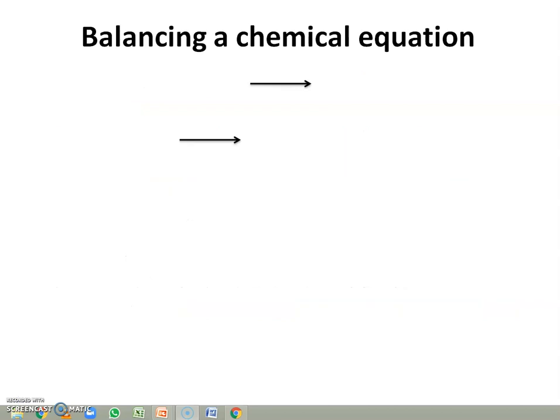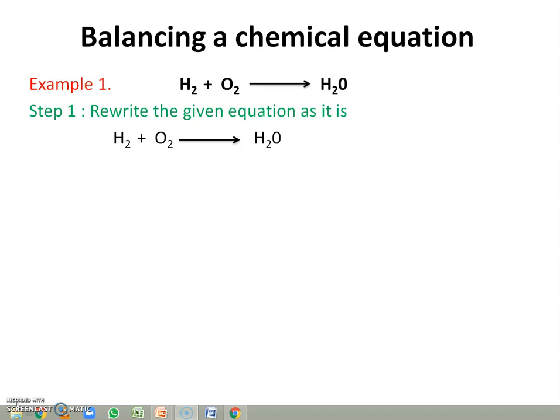Balancing a chemical equation. To understand how to balance a chemical equation, we will take an example. When hydrogen gas is reacted with oxygen, it forms water. Now let us see how to balance this equation. Step number 1.